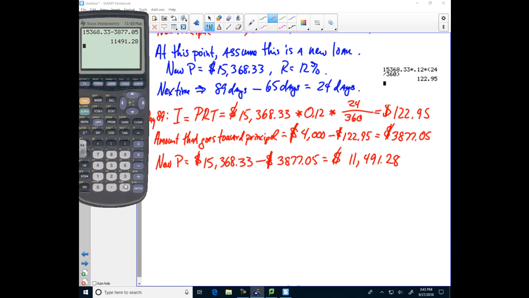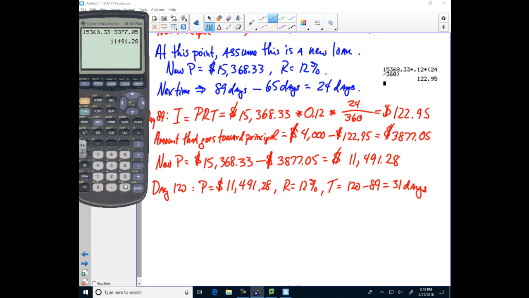So on day 120, the principal was down to $11,491.28. R is still 12%. T is 120 minus 89, because that's the last time you made a payment. So what's T? 31 days, isn't it?